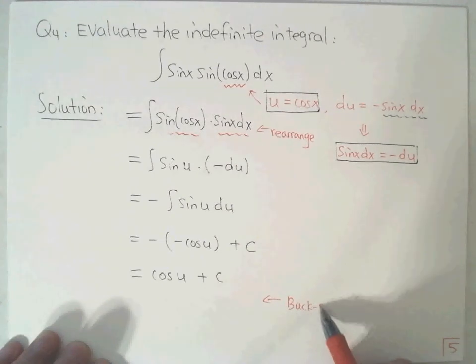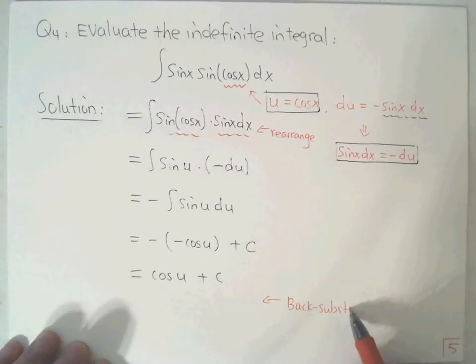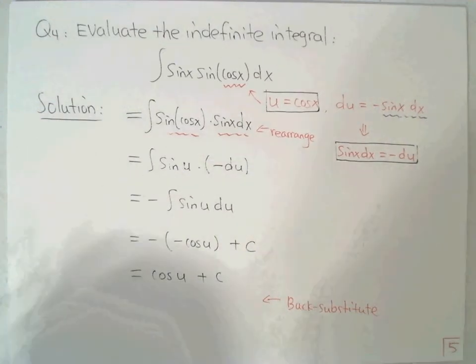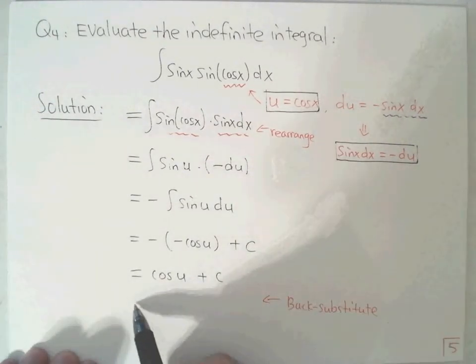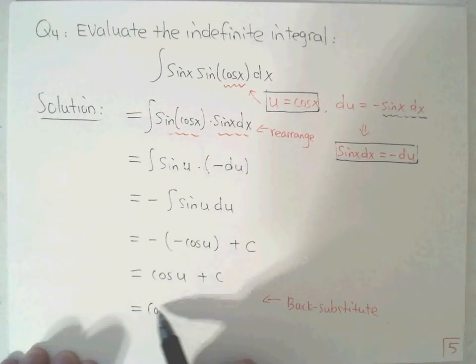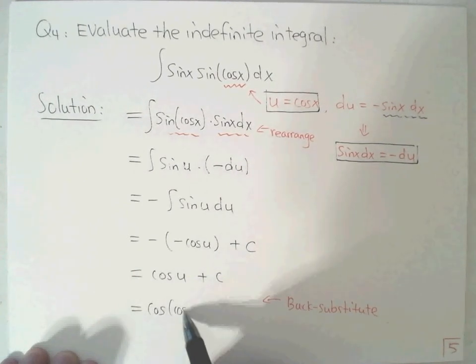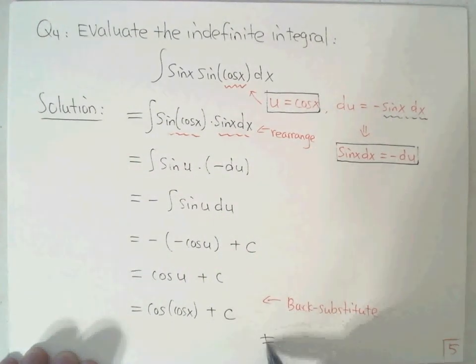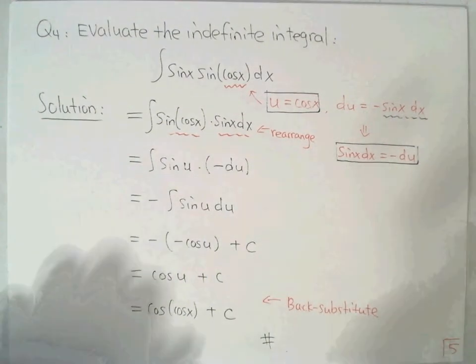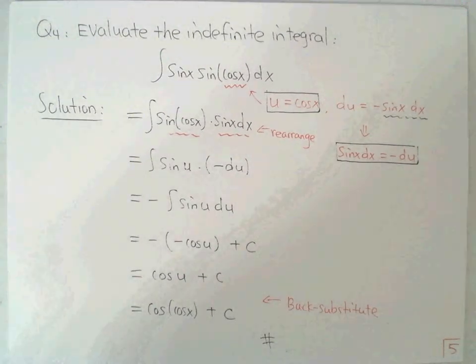But don't stop here. The last step is to back substitute. Don't miss this. What is u? The cosine x. So we get a very strange function, cosine of cosine. But it is still okay. Cosine of cosine is a composite function. Thank you. That's all.